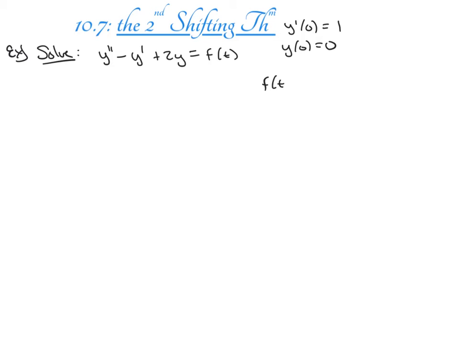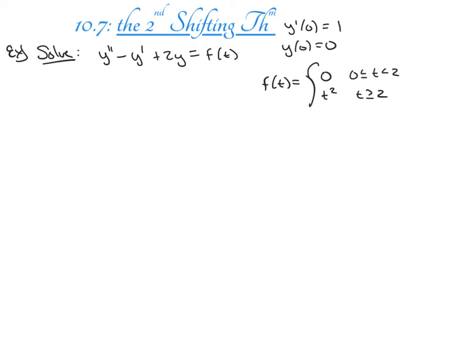And f of t is equal to 0 when t is between 0 and 2, and t squared when t is bigger than or equal to 2.